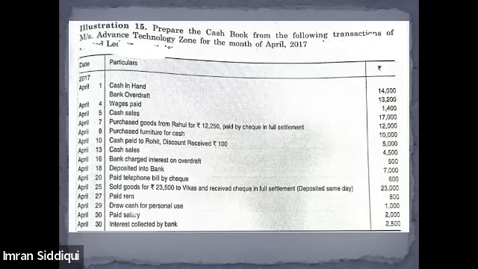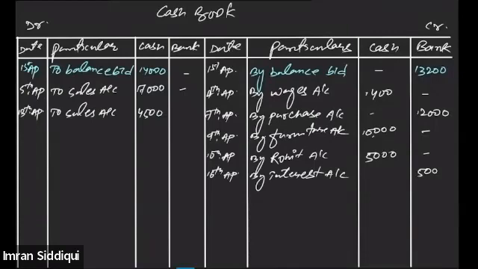On 18th of April, deposited into bank. So firstly, 18th of April, because cash is being deposited, there will be a reduction in the cash. So we'll write that as by bank account. There is a reduction because we are depositing the amount in the bank account.